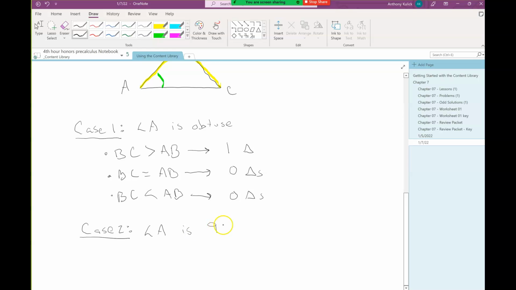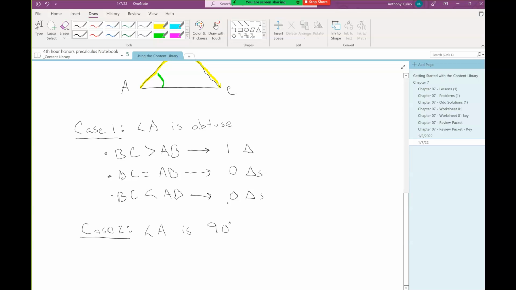So the next situation is if that given angle is 90 degrees. Is there anything different if that angle is 90 degrees versus obtuse? No, right? Still forces BC to be the hypotenuse. You can't have a triangle with two right angles in it, or a right angle and an obtuse angle.